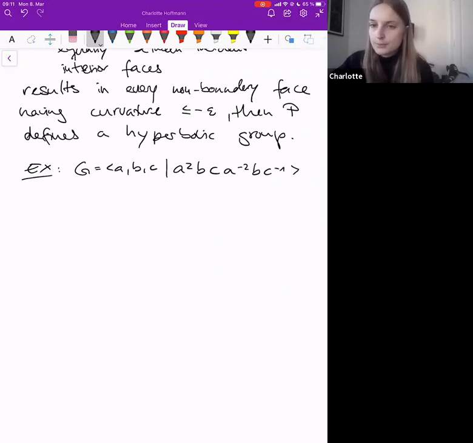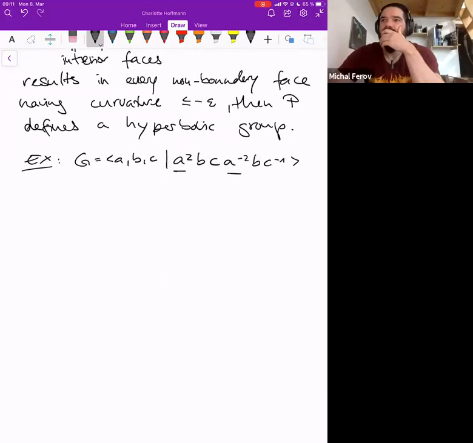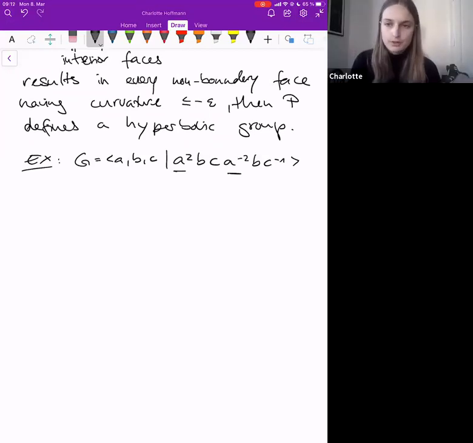First of all, the small cancellation condition I showed you earlier, C'(1/6), is not satisfied because here A squared is a piece, and this is of length 2, and the length of the relator is 8. So this does not work out, but with this new theorem, we can show that it's hyperbolic. And how do we do this?